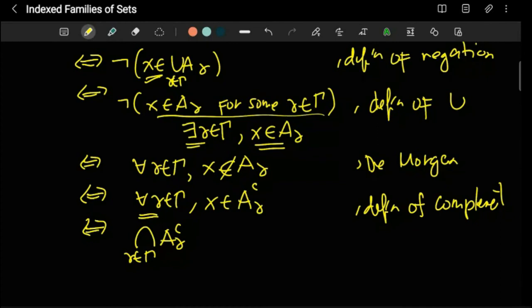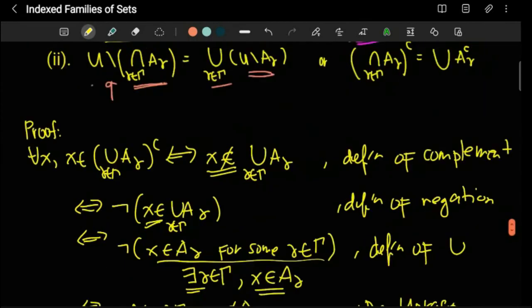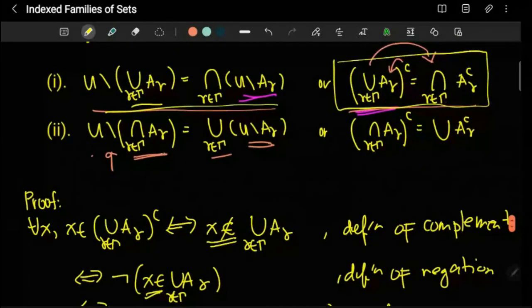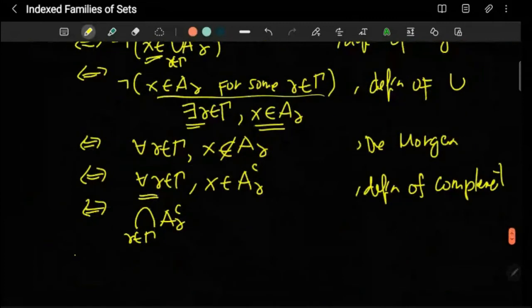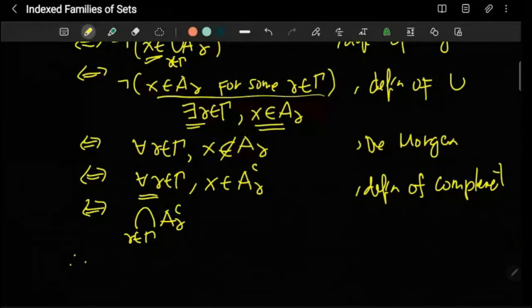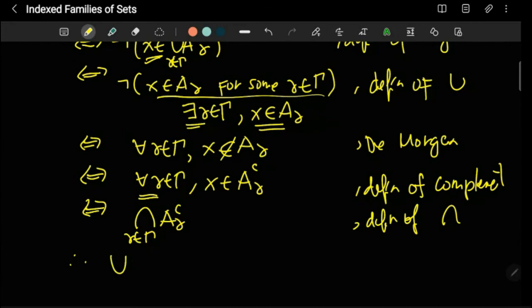We're done, because that's what we want to show, that you are in the intersection. This is the definition of arbitrary intersection. Therefore, the left-hand side, the complement of the union of A sub gamma, gamma from the indexing set, is the same as the intersection of the complements of each set, for all gamma in the indexing set.